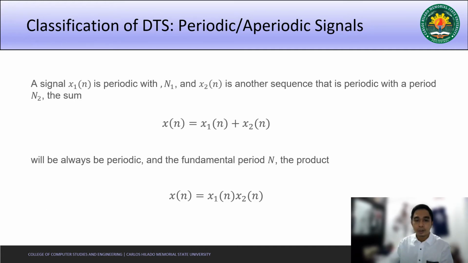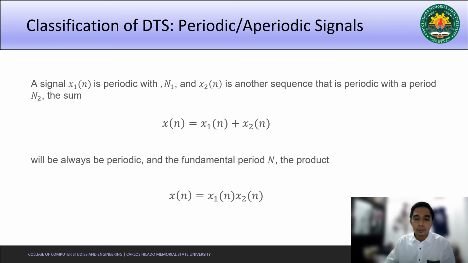If a signal x sub 1 of n is periodic with period big N sub 1, and x sub 2 of n is another sequence that is periodic with period big N sub 2, then the sum of the two signals is also periodic.